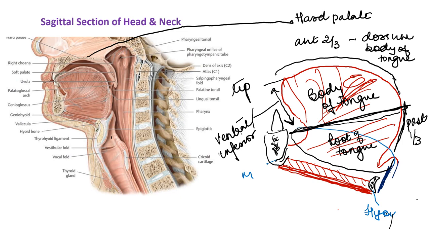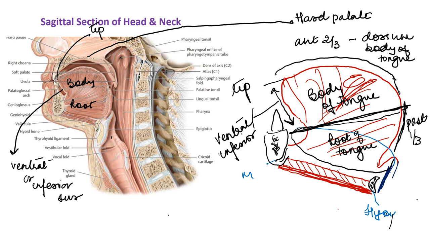So if I was to put it in this figure, this would be the body. This would be the root. Here is the tip or the apex, and this surface is the ventral or inferior surface of the tongue.